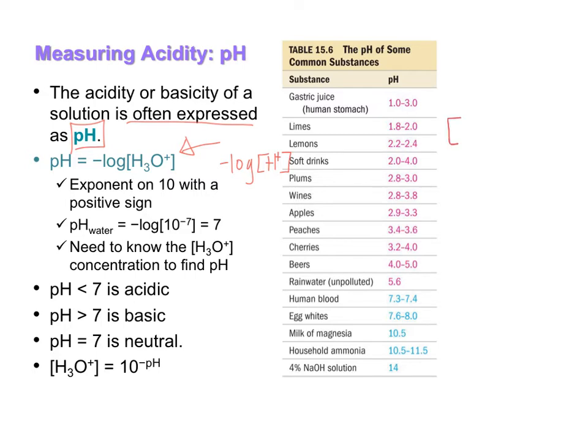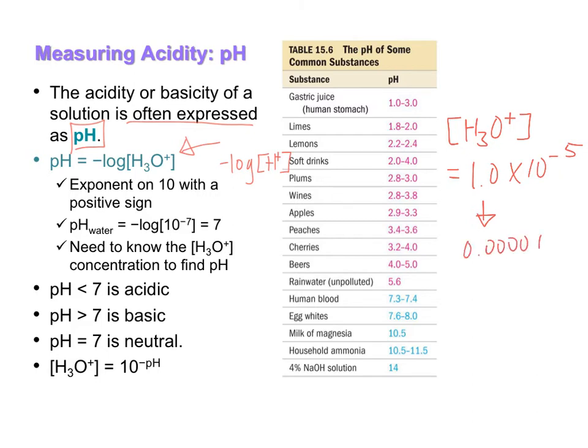So let's say we have H3O plus, and the concentration is 1 times 10 to the negative 5th. How do we make this very small number easier? Because that's what it is. If you converted it to regular notation, it would be like 0.0000 and so on.